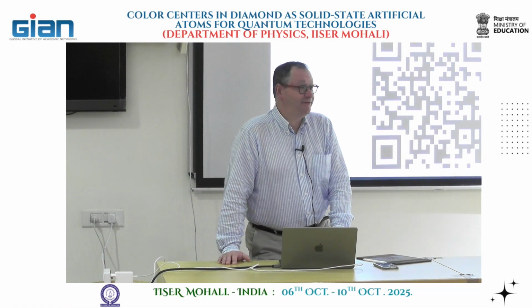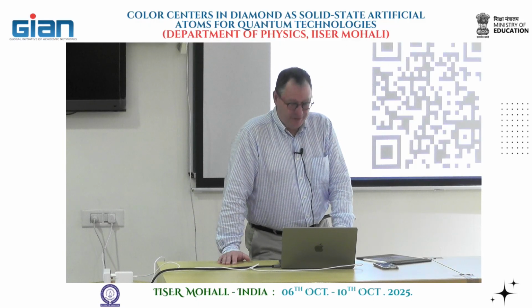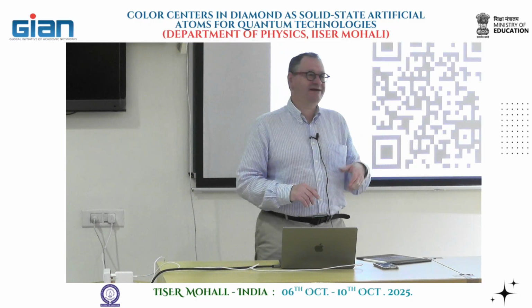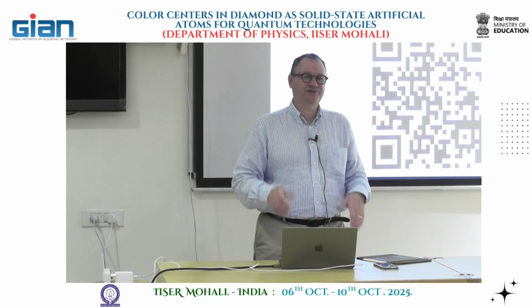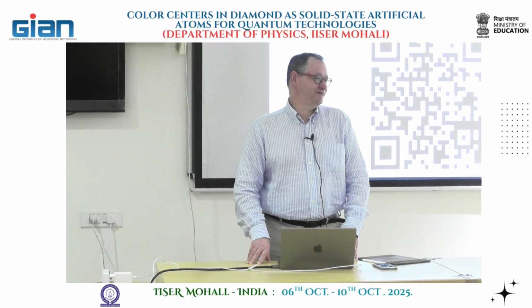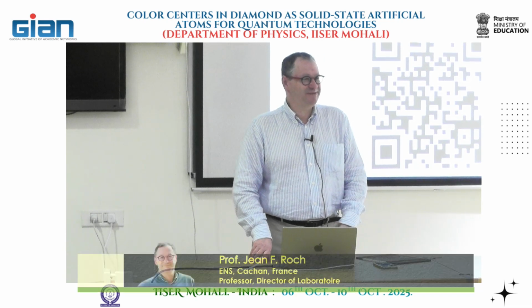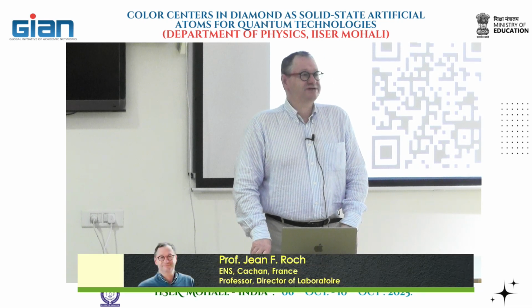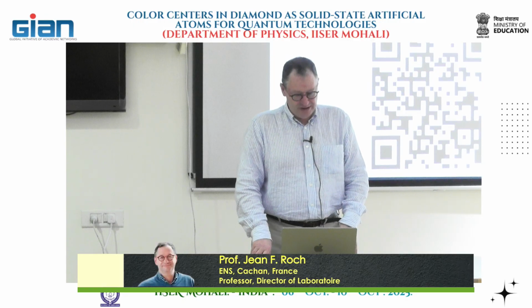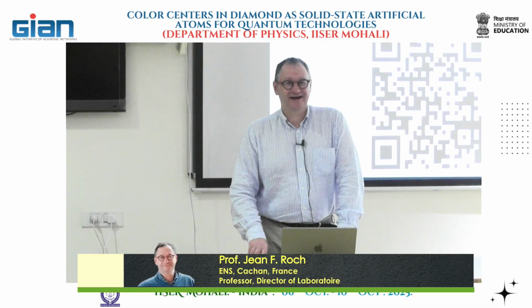So I will discuss... there were different possibilities. I was planning maybe to continue on NV magnetometry, but this is a rather specialized topic. So I decided to switch a little bit and discuss the coupling of NV to nuclear spins.